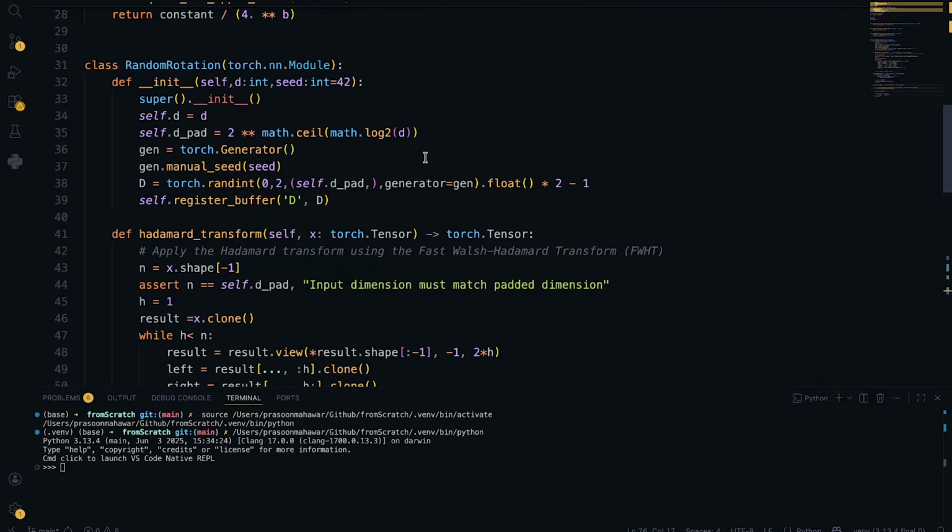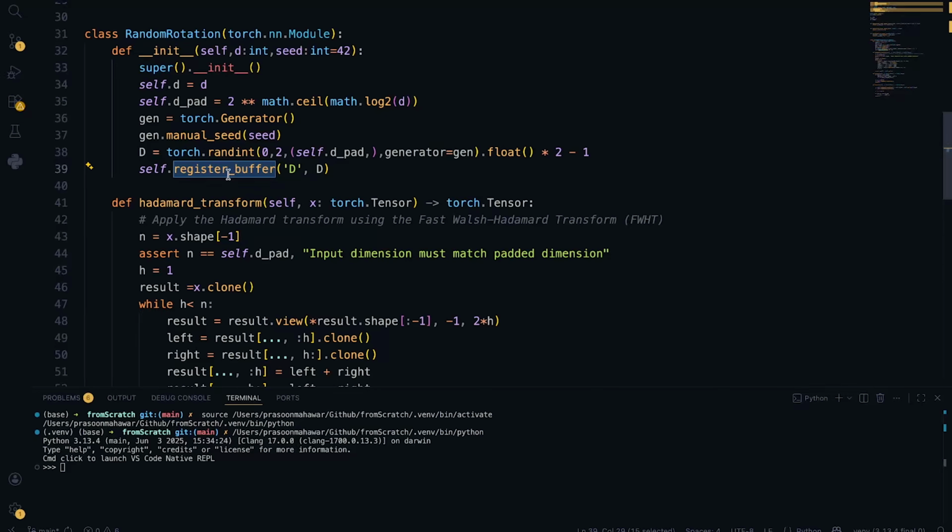The Hadamard transform is its own inverse up to a scaling factor, which makes the dequantization just as fast as quantization. The register buffer here stores the random diagonal as a non-trainable buffer. It's not a model parameter, but needs to be saved and be consistent between quantization and dequantization calls.